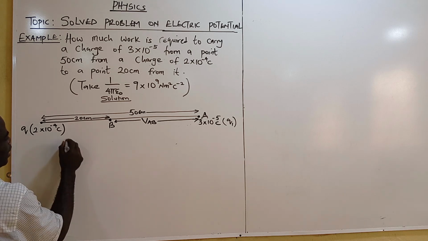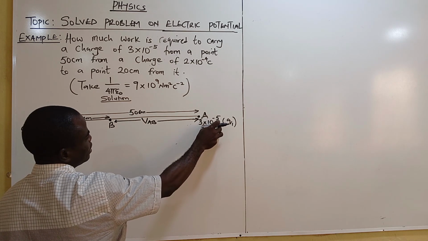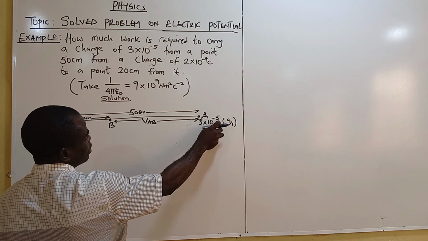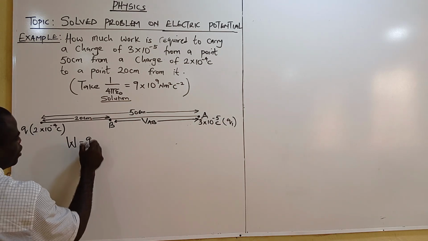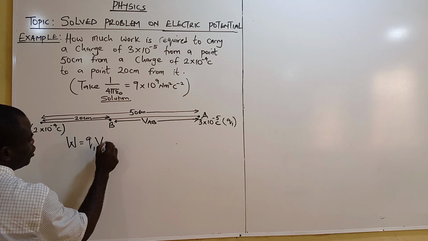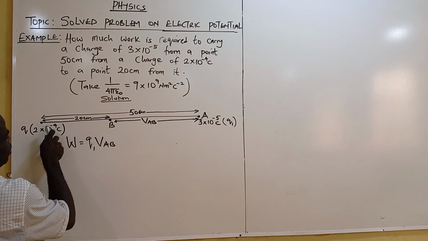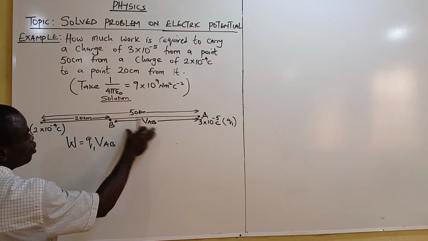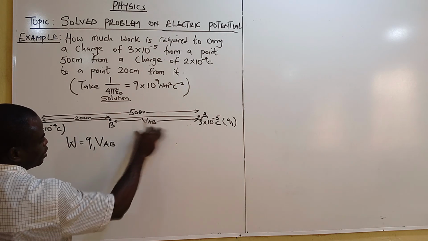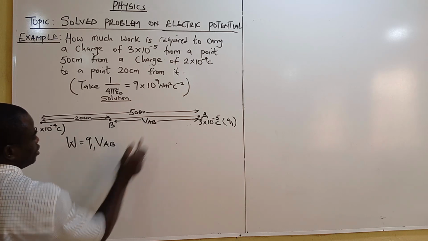But at the end, when we are getting the work done, because we are referring to this as the work required to carry it, but this is the resident one, that's Q1, VAB. When you carry to this point and you carry to this point, you want to know the work, the potential difference between them, which takes place at this point.